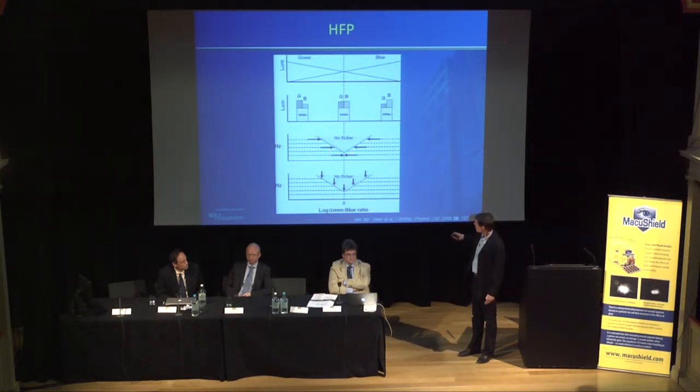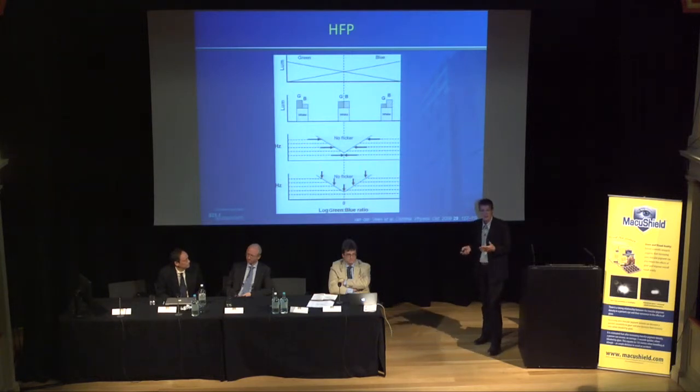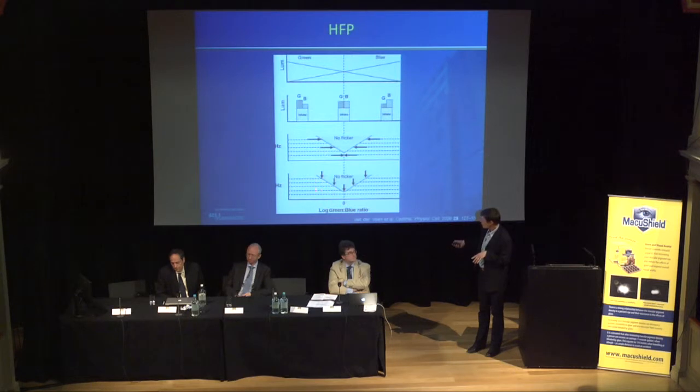So you scan along this axis. The MPS comes up with a different paradigm, but it wants to find the same minimum point. They start off at a certain blue-green ratio, flickering at a very high frequency so you don't see it flicker, and the frequency is ramped down.